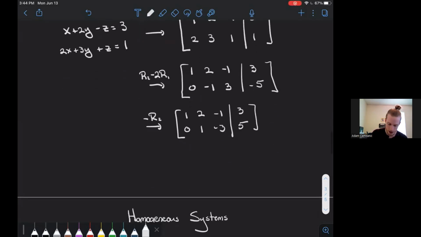And now the last step is that we have to get this entire column to be a 1 and zeros everywhere else. So we have to take negative 2 copies of the bottom row and add it to the top row. So row 1 minus 2 row 2.